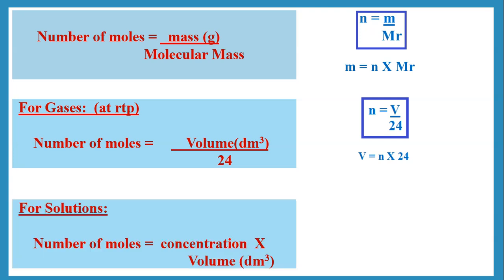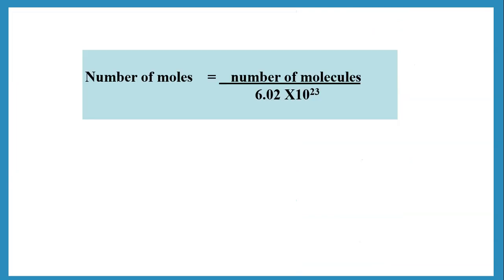If we're talking about solutions, then the number of moles is concentration times volume. You can also use that equation to get concentration, that is number of moles over volume. So basically you're required to know these equations.